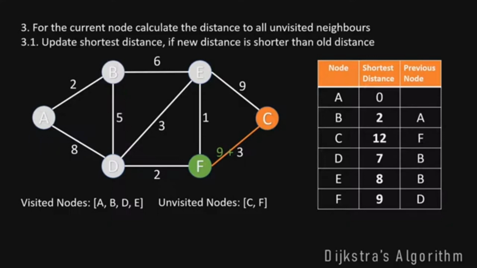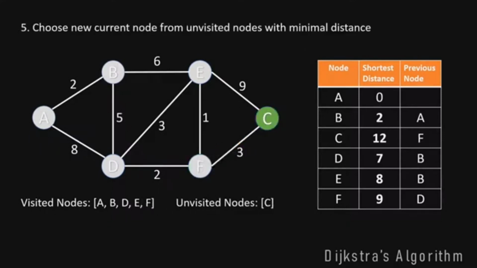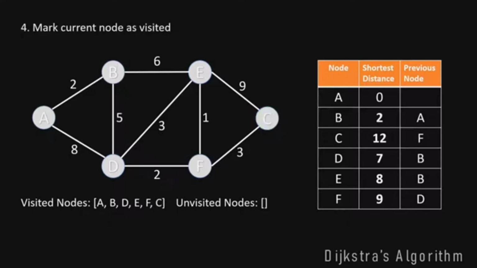Set the shortest distance to 17 and the previous node to E. When we now look at F, we see that we have a new distance of 9 to F, which is exactly the same as our old distance to F, and so we don't update anything and we are finished with our node E.